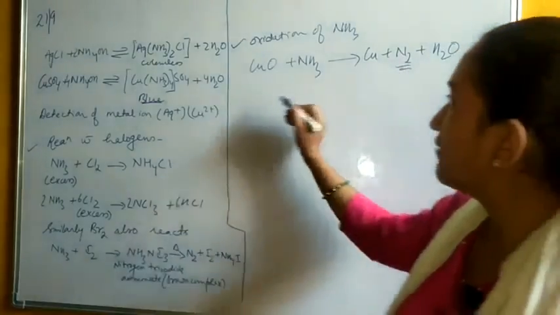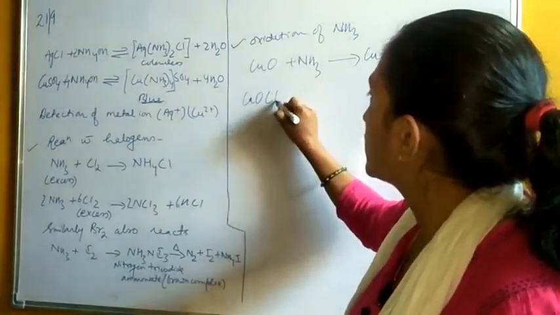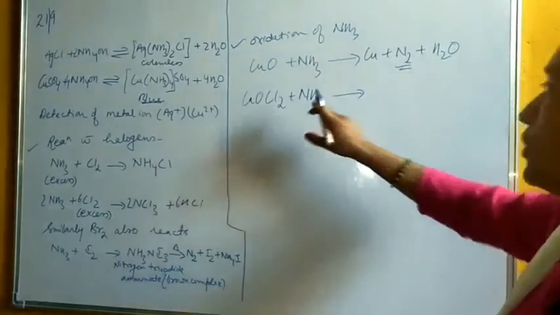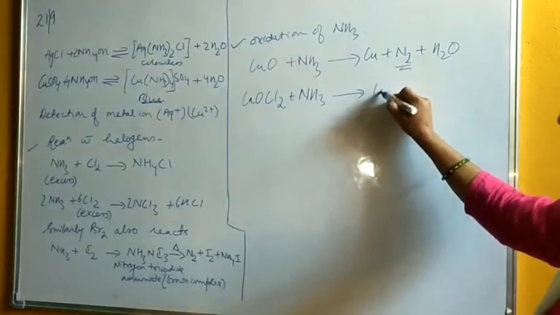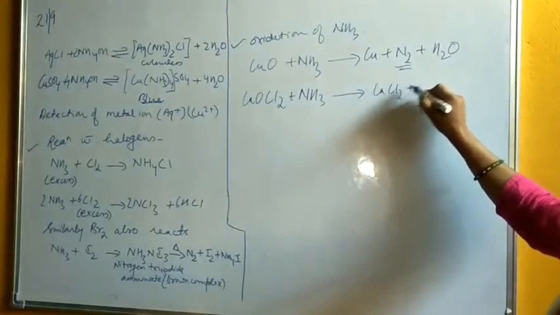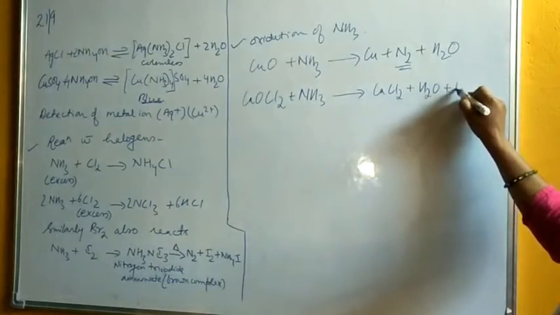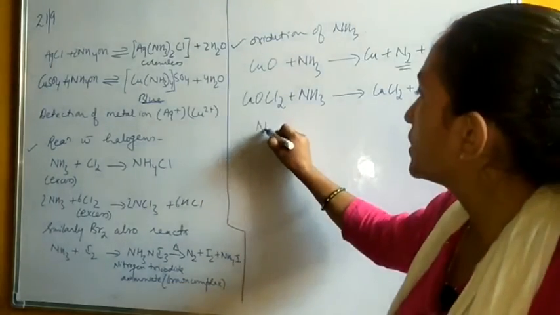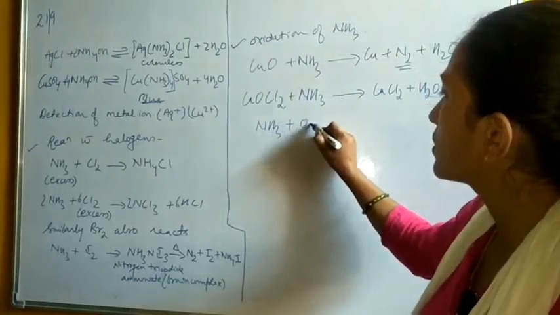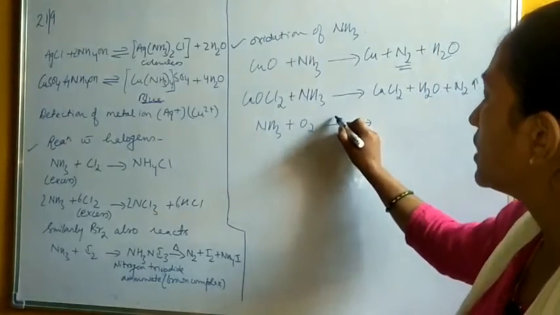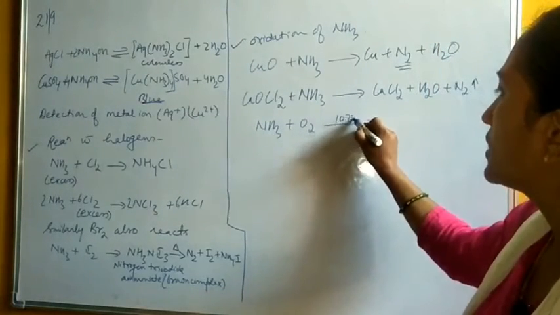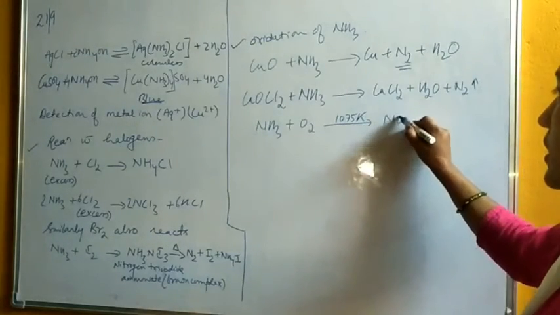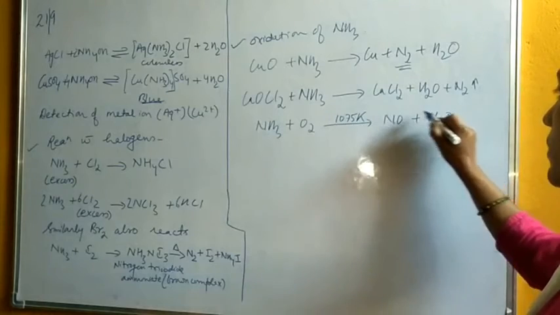Right, in the same way, calcium oxychloride, bleaching powder, with ammonia here undergoes the oxidation. It gives calcium oxide chloride plus water plus nitrogen gas which will be liberated. Similarly, when ammonia is mixed with oxygen, and the temperature is nearly 1075 Kelvin, so you can see it's very high temperature, the nitric oxide and water are formed.